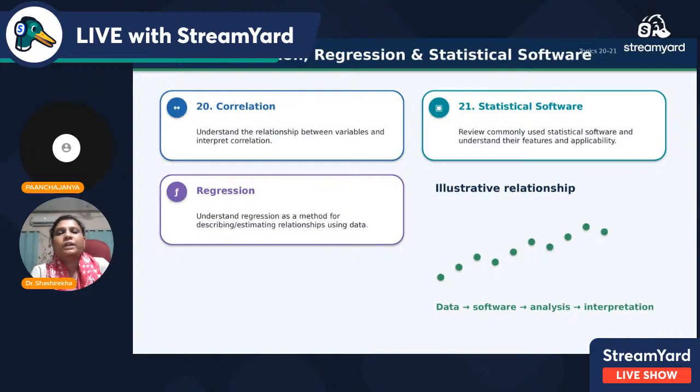And the last topic is correlation. So understand the relationship between the variables and interpret the correlation. You must know what correlation is, and you must be able to explain it by giving an example. So whether the kapha vruddhikara ahara is leading to sthaulya, or snehayukta ahara is going to meda vruddhi.